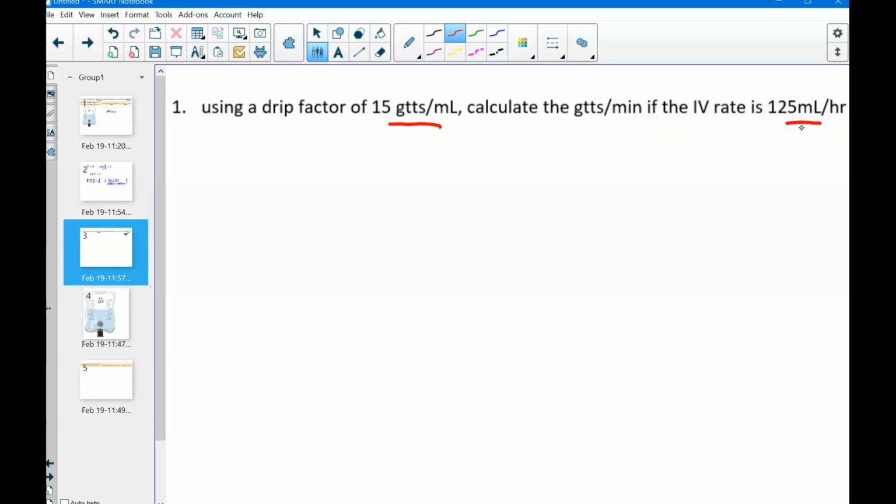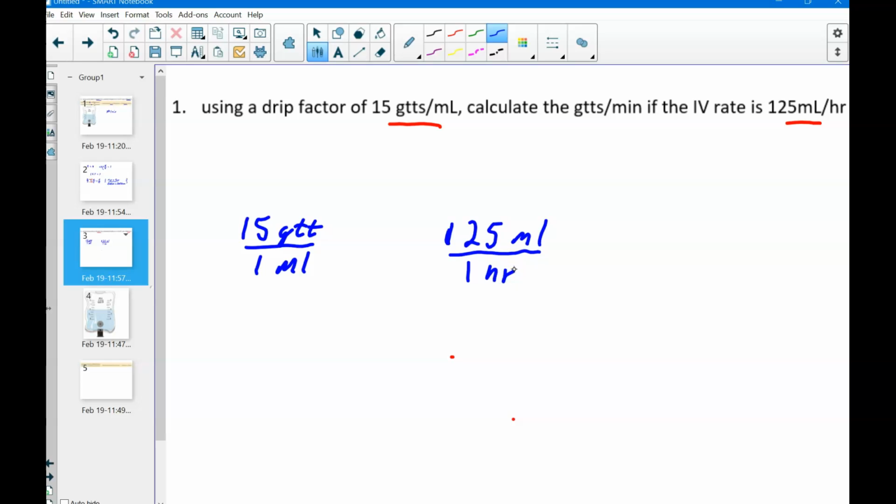If I have 15 GTTs per mil, that can be written like this: 15 GTT over 1 mil. This number over here, 125 mil, can be written the same way over 1 hour.